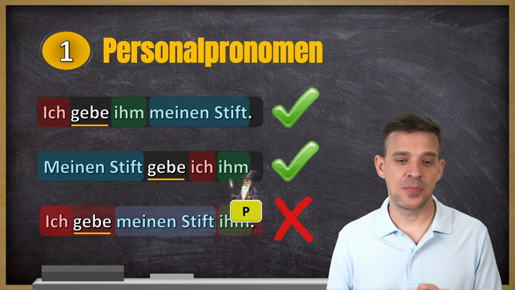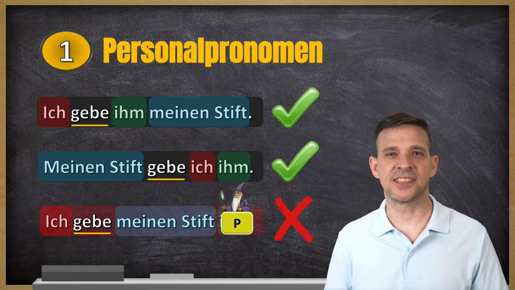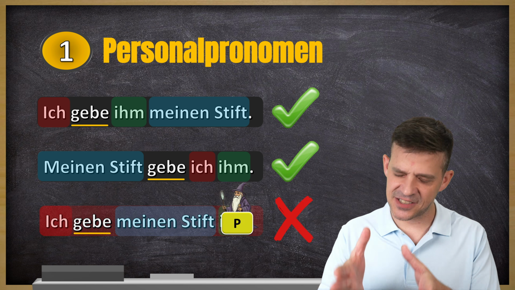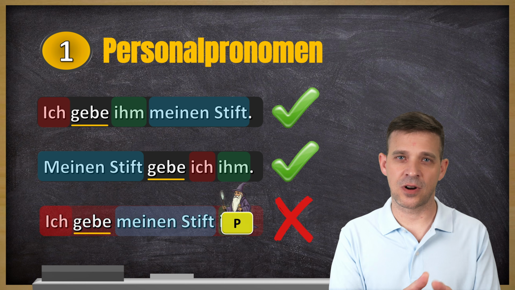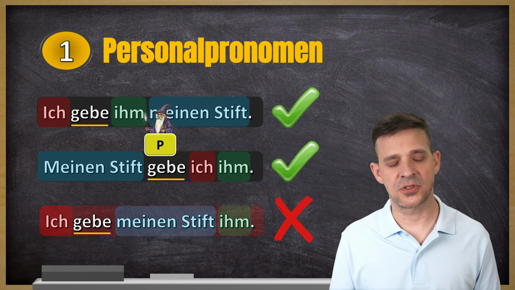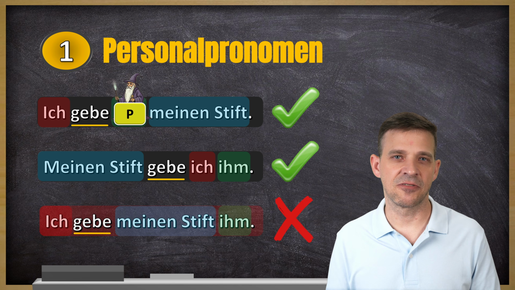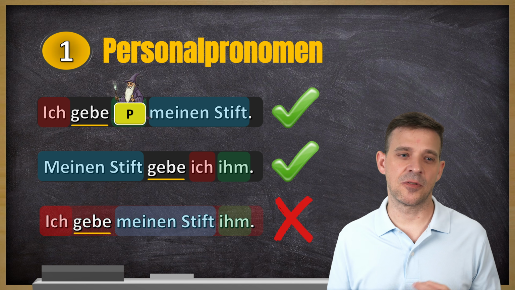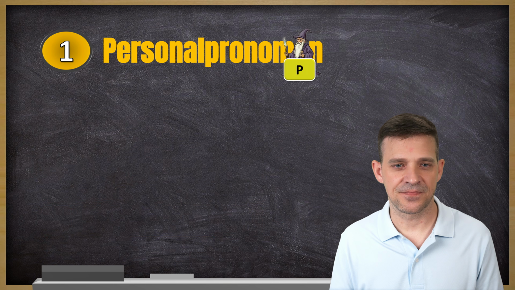Because, as I mentioned before, the magician doesn't want to be behind the knight. He is more important to the king, so he has to be closer to the verb, meaning before the knight, before this accusative object, like in the first sentence: first Personalpronomen and then accusative object, because the magician is more important than the knight.